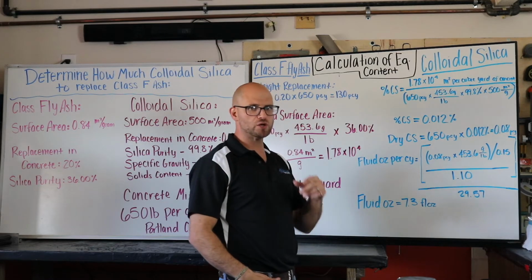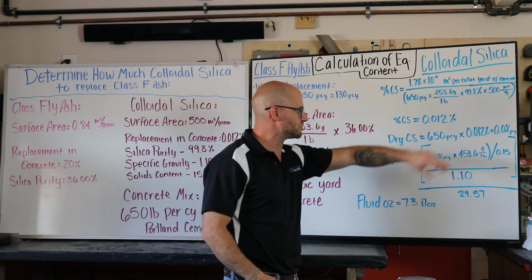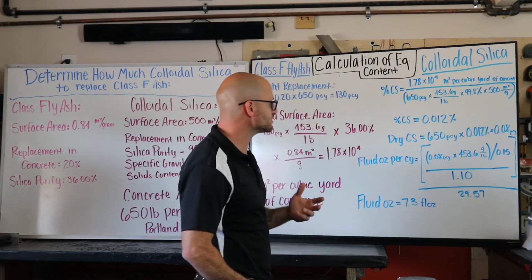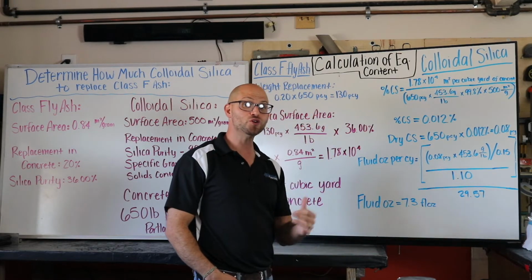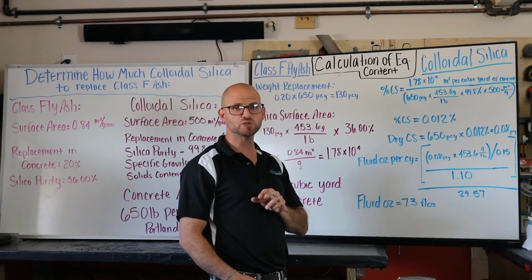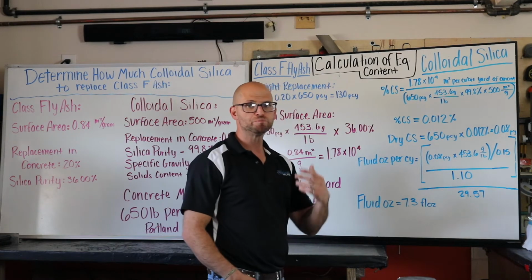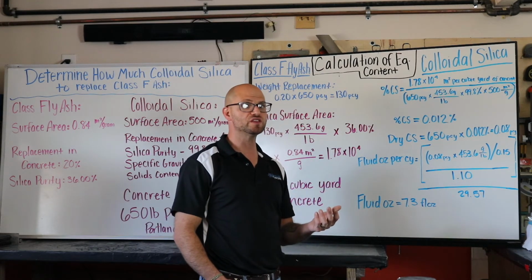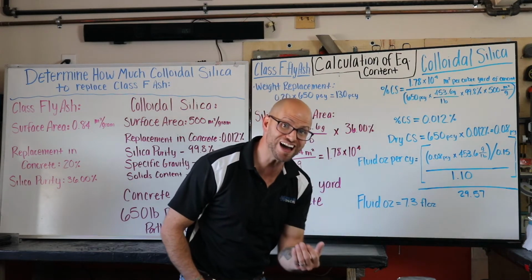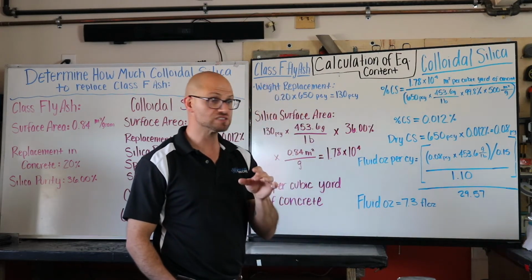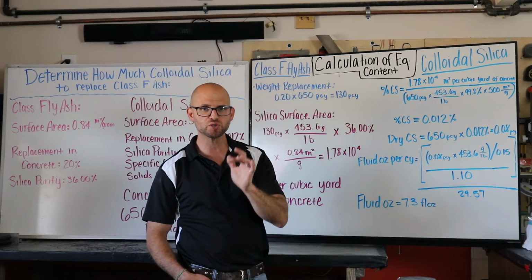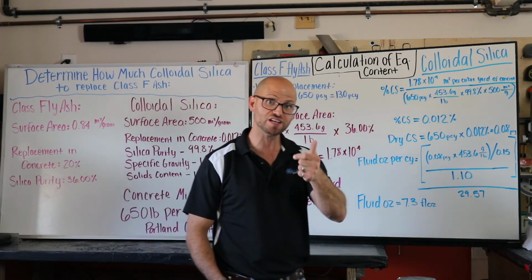So first we determine our dry colloidal silica weight. We multiply 650 pounds per cubic yard by 0.012% to give us 0.08 pounds per cubic yard. And then we convert that to fluid ounces per cubic yard. We take that 0.08 pounds per cubic yard, multiply it by grams per pound, at 453.6. And again, that's just a unit conversion. And then divide that by our total solids content. We divide that one more time by our grams per cubic centimeter to convert that into a fluid.